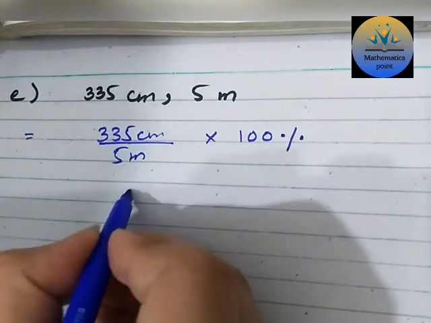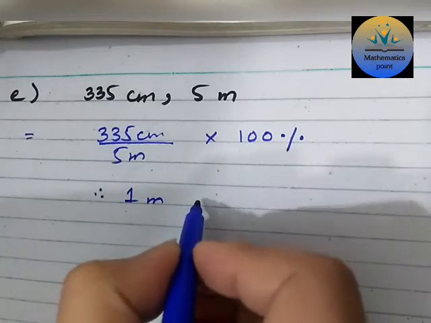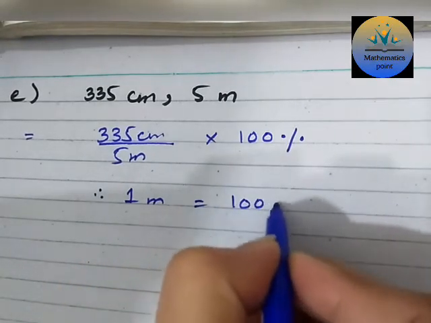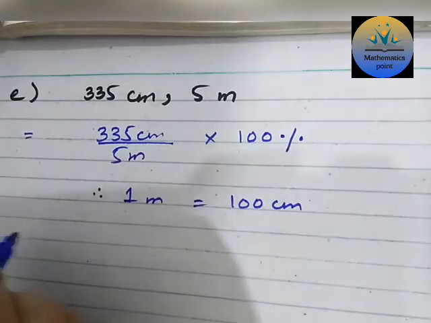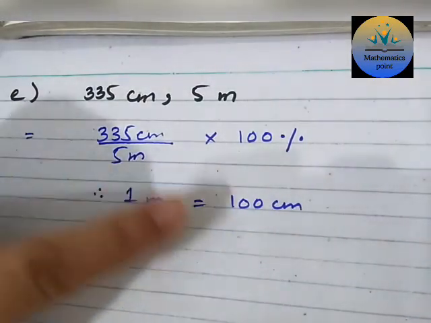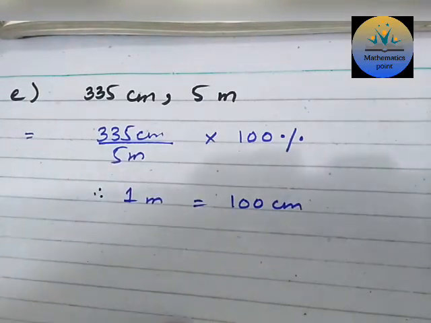Then as we know, 1 meter is equal to 100 centimeters. So firstly convert this 5 meter into centimeter. For conversion of the 5 meter into centimeter, we multiply 5 with 100.